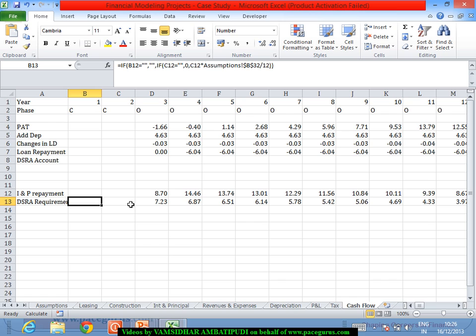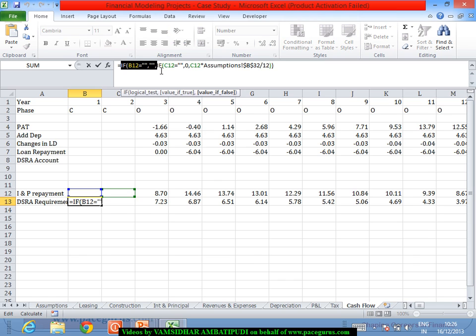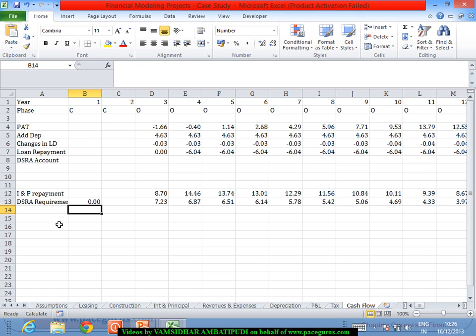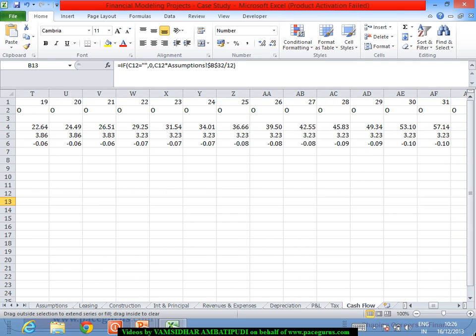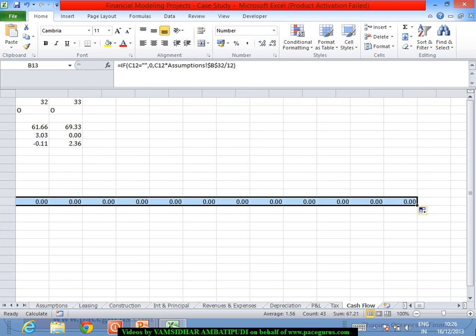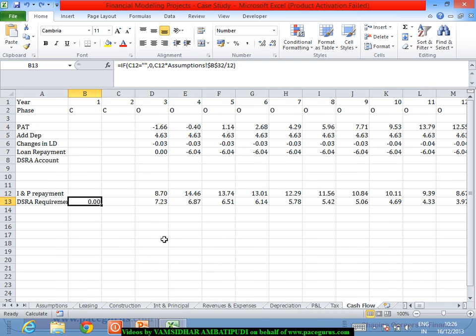So it's better that I go the other way. If I don't put this part, the DSRA requirement works out, but this will result in zeros across. So better I not use that formula.